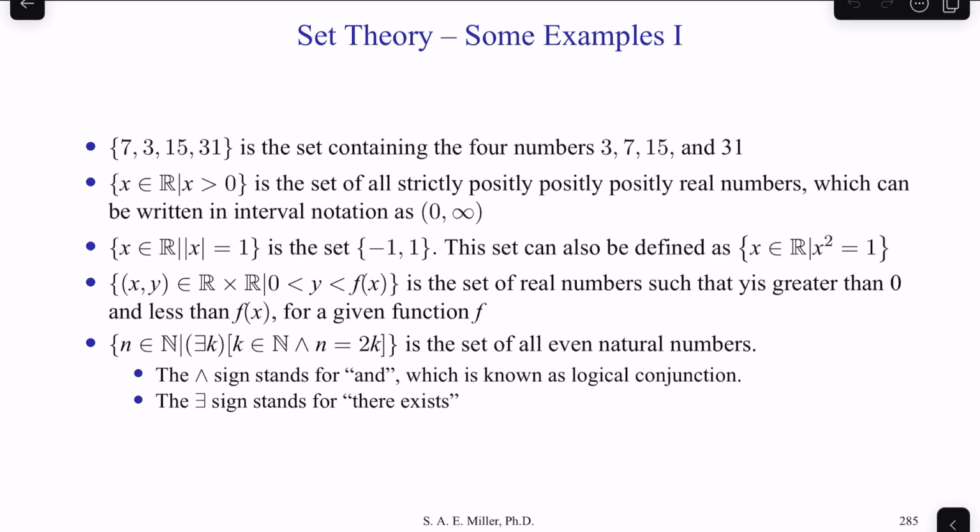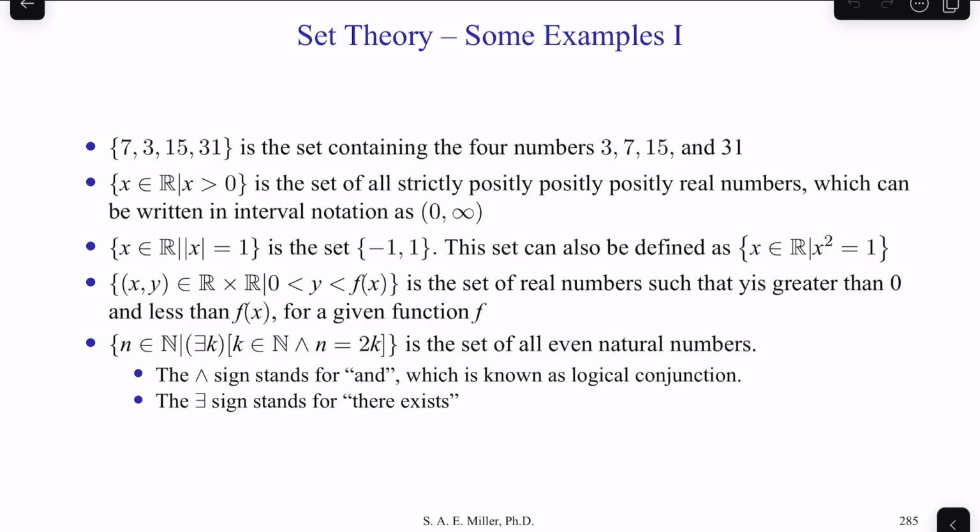Let's look at some examples just to solidify the concepts. The set {7, 3, 15, 31} is a set with specific numbers, and it includes exactly only those four numbers. The set of positive real numbers includes all numbers greater than 0. The set of x with absolute value 1 includes the numbers -1 and 1, which might also be defined as all numbers whose square is 1.